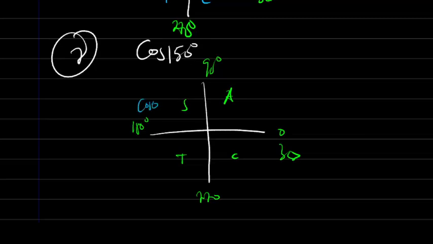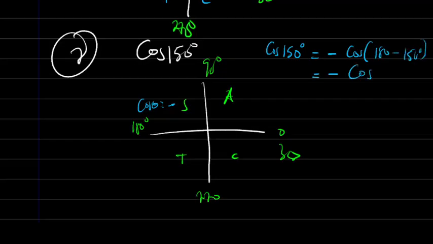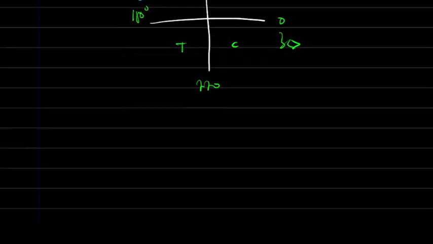In the second quadrant, cos theta is negative. So what are we going to do? Since cos is negative in the second quadrant, we are expecting a negative answer. So we have minus cos of 180 minus 150 degrees, which is minus cos 30 degrees. That's it.